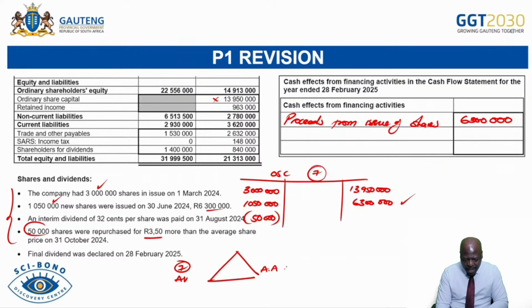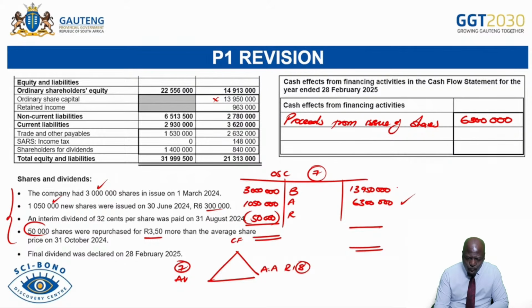Above average. That's your retained income. That's note number 8. And the top part is always the cash flow. All right. So we will need to know the average price. And for us to do that, you have to remember that you have the beginning, you have the addition, you have the repurchase.